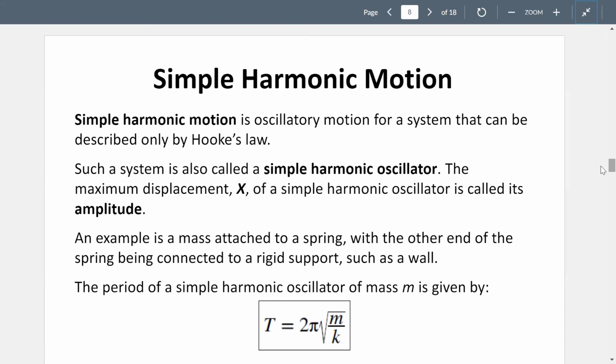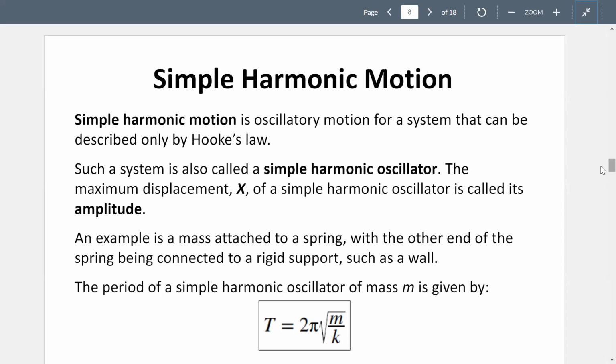Okay, if our motion is simple harmonic motion, then it obeys Hooke's law, and the maximum displacement, the maximum that we stretch it or move it from the equilibrium, is called the amplitude.